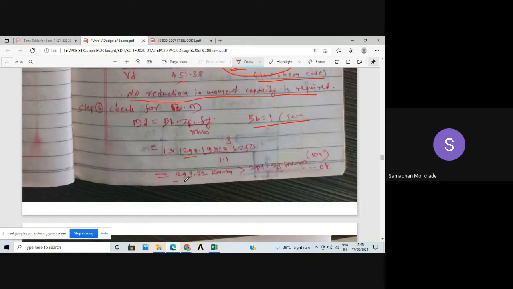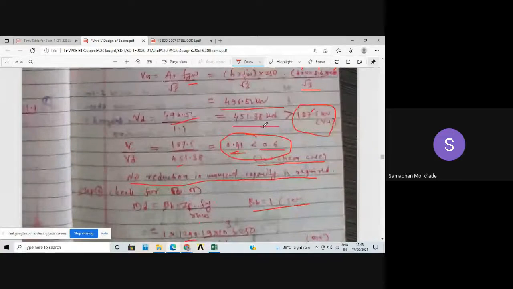So your design bending strength is 293.22, which is more than the bending moment acting on the section, 281.25. Md is the design bending strength of your selected section, and this 281 is the action and 293 is the reaction. So the section capacity is more than the action. It means your beam is safe in bending moment.